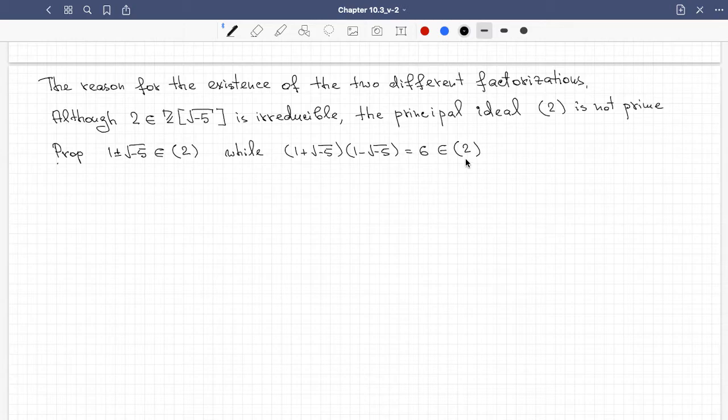Why is 6 an element of the ideal? I want to prove this claim, but that these two are not in the ideal. Their product is. That exactly tells us that the ideal is not prime. The product of two elements outside the ideal turns out to be inside the ideal, so it is not prime.